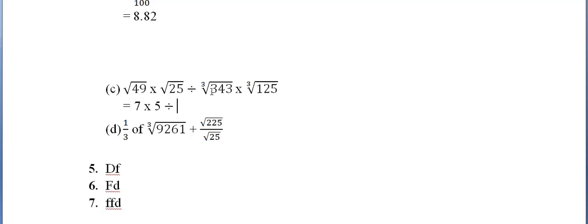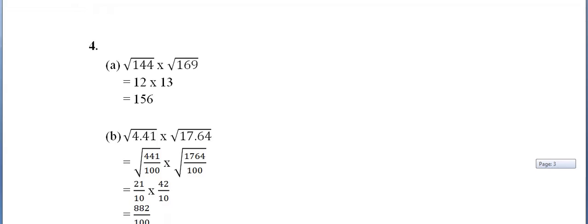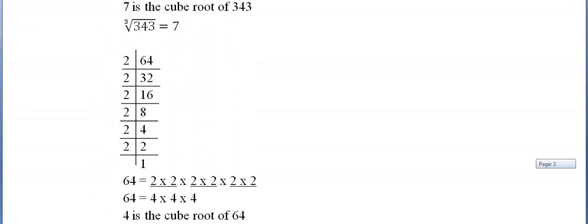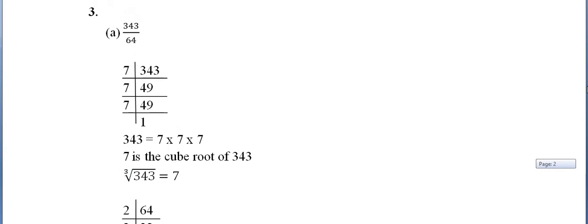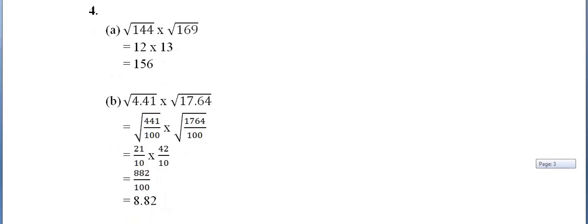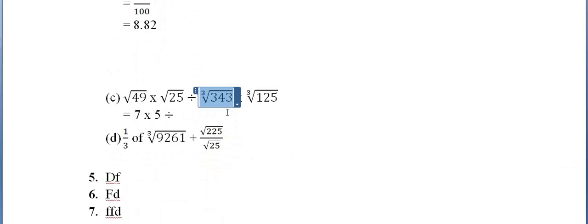After that, the cube root. So we already know from question number 3, it is going to be 7. Okay. So cube root of 343 is 7. Cube root of 125 is 5.